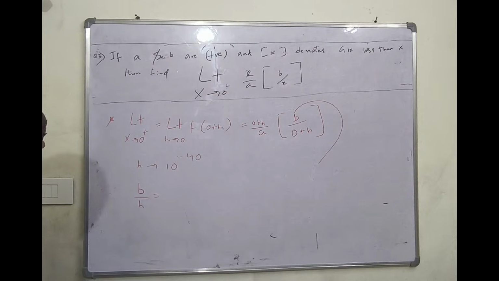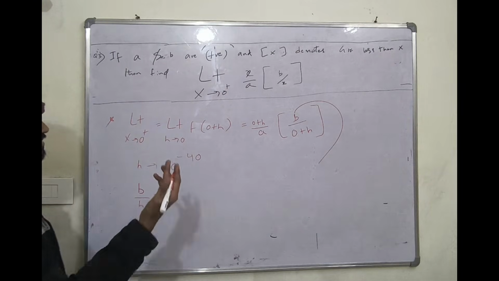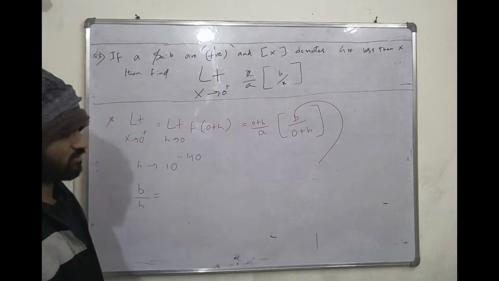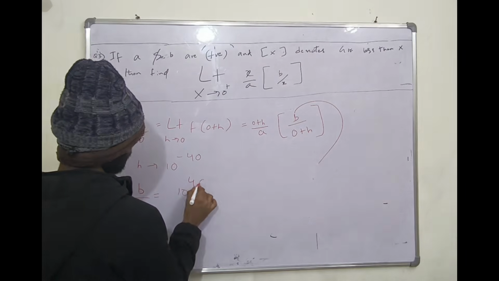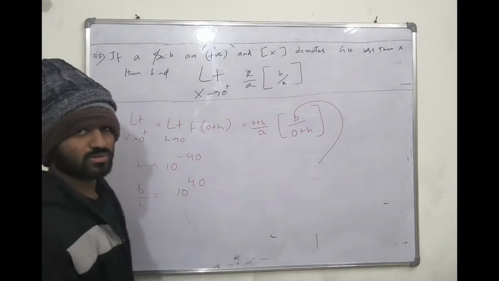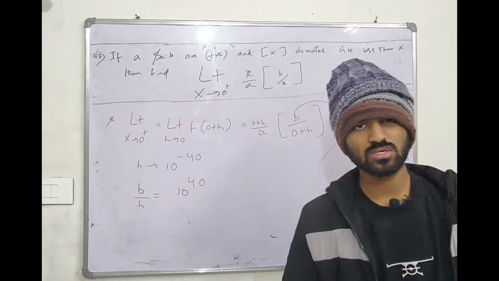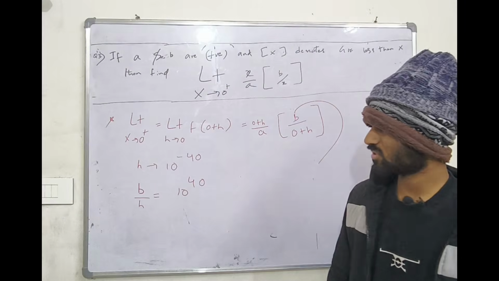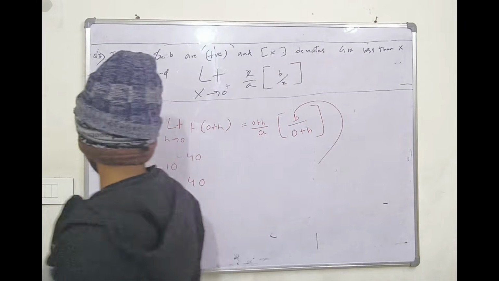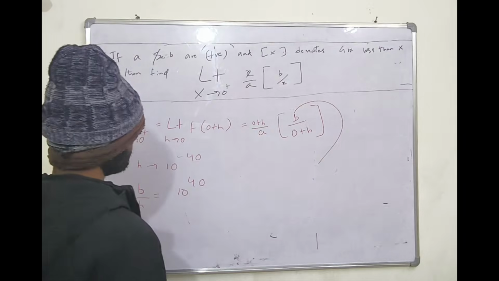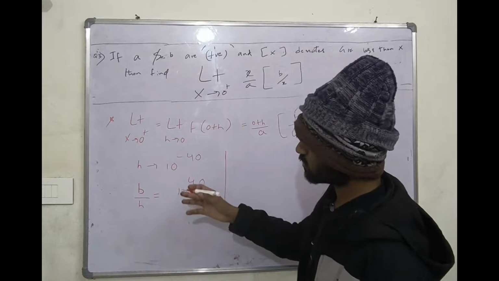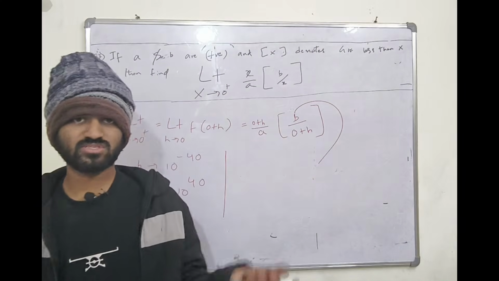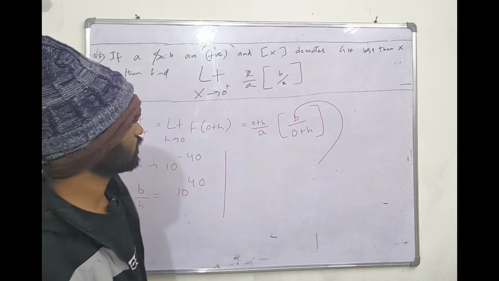So for the b by h value, b can be any positive number. Let's take example b is 1, then b by h value is 10 power 40. If b is 2, then b by h is 2 into 10 power 40. If b is 3, then it is 3 into 10 power 40. If b is 10 power 40, then b by h is 10 power 80. In this case, since 10 power 40 is an integer, step of 10 power 40 is also 10 power 40.